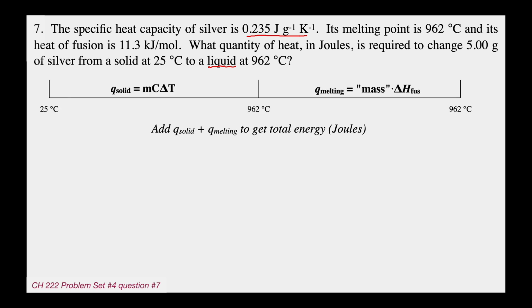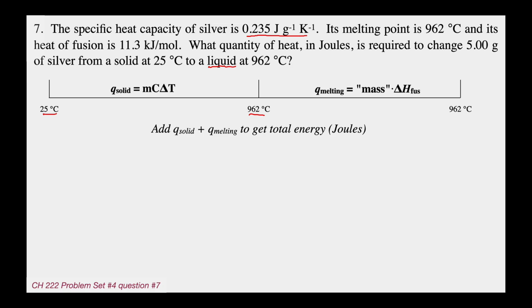Sometimes I like to use this kind of system. It's like a number line. On the x-axis there, if you will, we're starting at 25 Celsius and we're going up to 962 first. That's going to be this Q solid I'm calling it here, that's the MC delta T in order to get the solid to the melting temperature of 962.